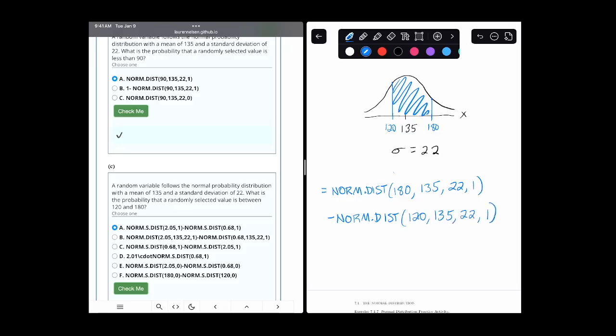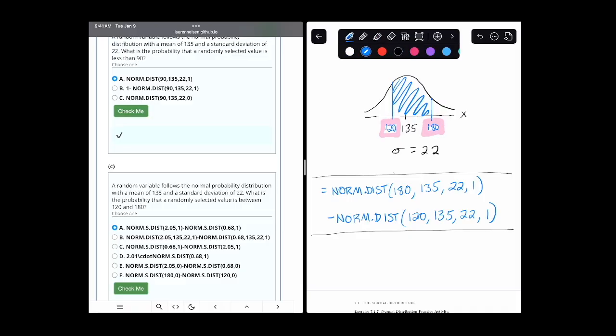But if you look at the options, this doesn't look like one of the options. None of our options have exactly what I have written here. And it looks like a lot of our options have a norm.s.dist. So a different way we could do this is to find the z-scores for these x's that we're looking between.